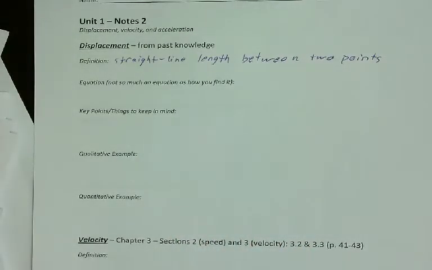Okay, so straight line length between 2 points. Keep in mind that this is not the same as distance. Distance is how far you go. Displacement is not how far you go. Displacement is how far it is between two spots.